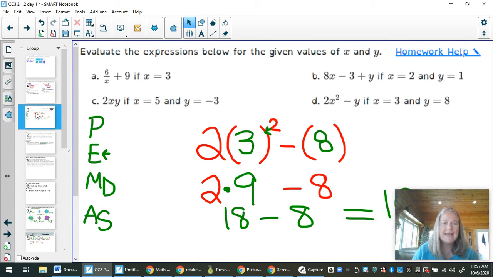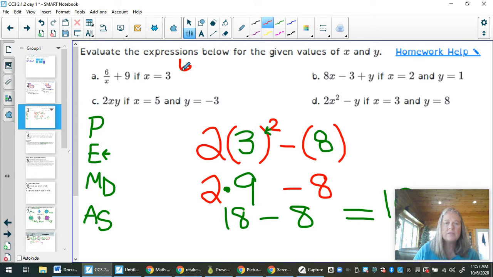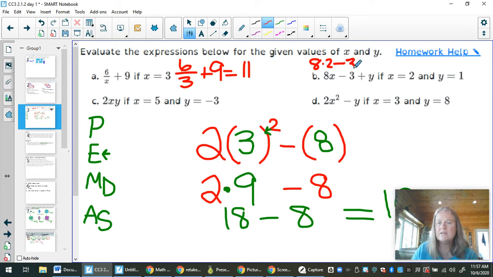For number 9, I goofed up here and forgot to show all the values. Number 9, 6 divided by 3 is 2. 2 plus 9 equals 11. Letter B, 8 times 2 is 16. 16 minus 3 is 13.